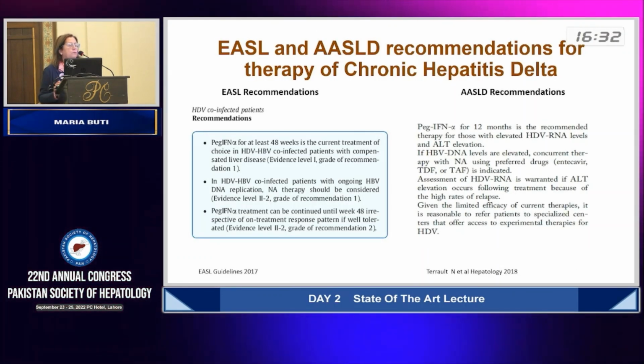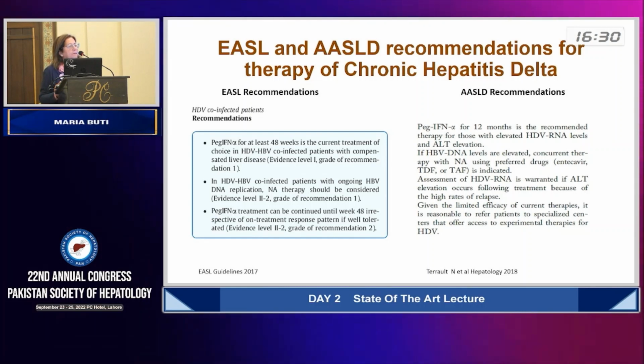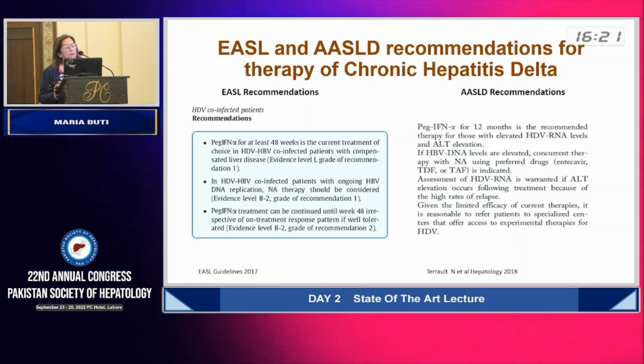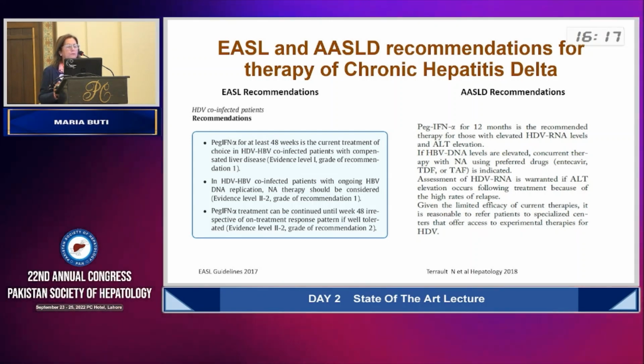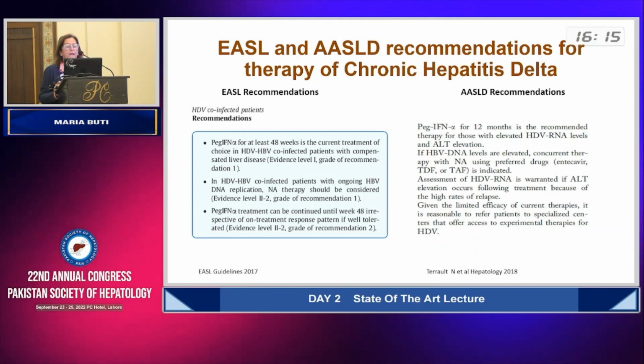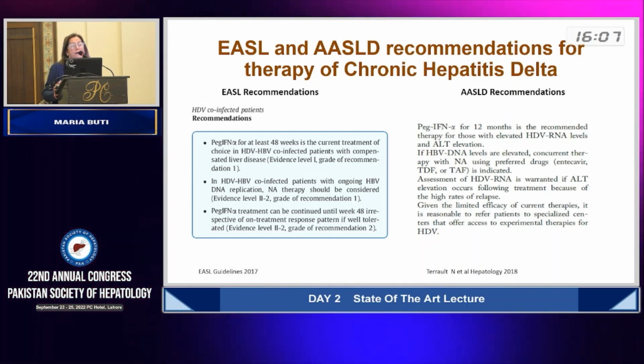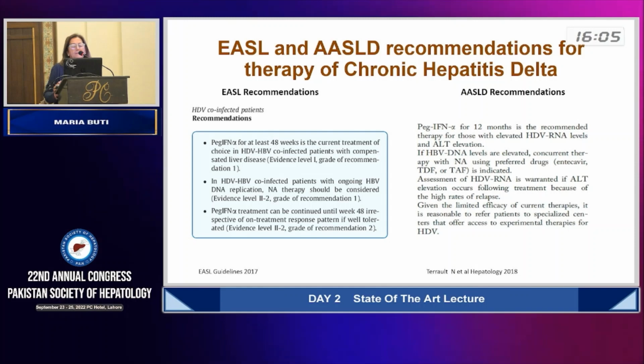So these patients with detectable viremia are candidates for treatment, and these are the recommendations. Treat patients with detectable viremia with interferon for 12 months, and this is the same recommendation in the EASL and AASLD guidelines. The duration of treatment is 12 months, and the indication is in those viremic patients with high ALT levels.